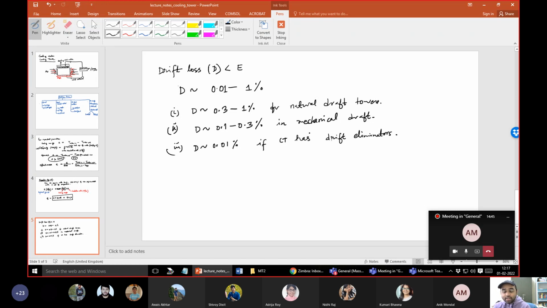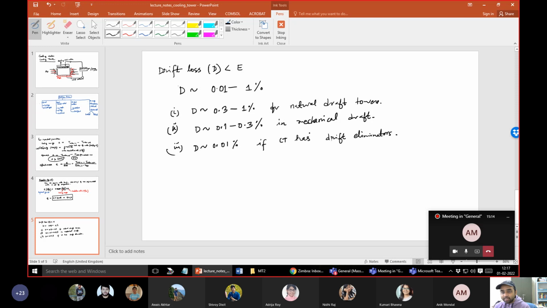So there is a strong centrifugal action along these loops or bend plates, and as a result, the water gets separated. There is a significant change in the velocity, and naturally the air and the water velocity will be different, and based on this you are able to separate it out. Right, so these are typically known as the drift eliminators.